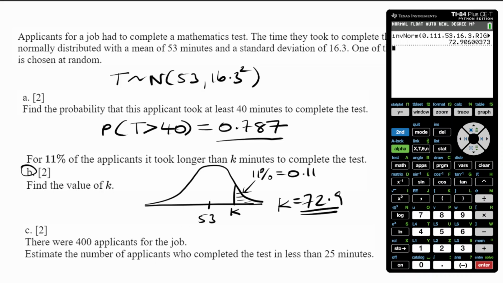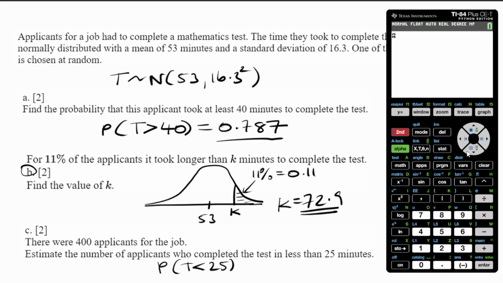Okay, the last question. There were 400 applicants for the job. Estimate the number of applicants who completed the test in less than 25 minutes. The first thing we need to do is work out the probability that someone took less than 25 minutes on the test. Again, we're looking for a probability.